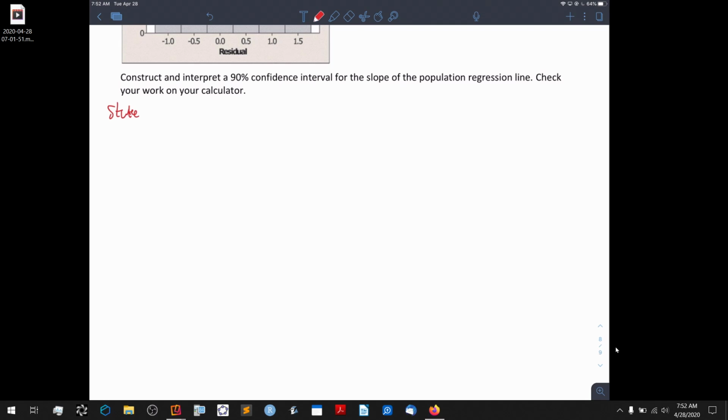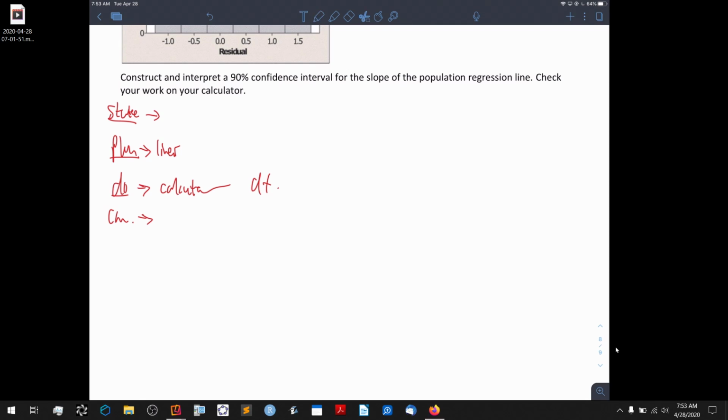State: name the procedure, what are you trying to do. Plan: check the conditions, in this case, linear. Do would be actually calculate. Remember to state your degrees of freedom, and then conclude would be interpret the confidence interval.